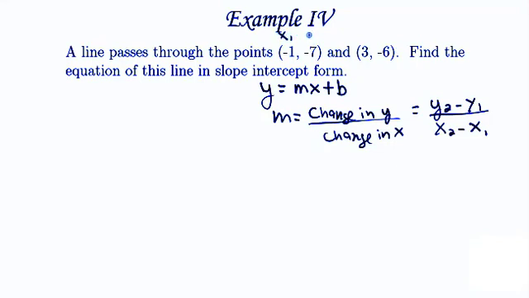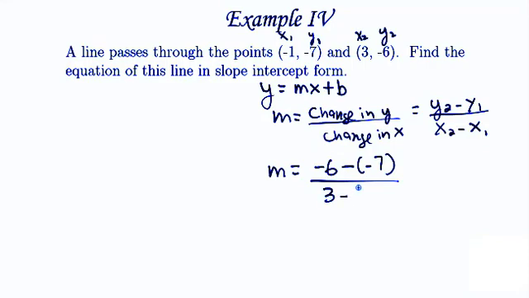But I'm going to call this x1, y1, x2, y2. And I'm going to plug those in so that I get m equals y2, which is negative 6, minus y1, which is negative 7, divided by x2, which is 3, minus x1, which is negative 1.